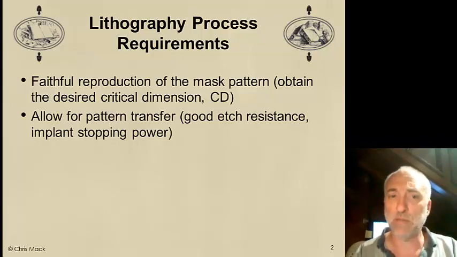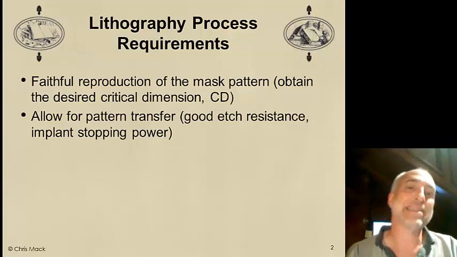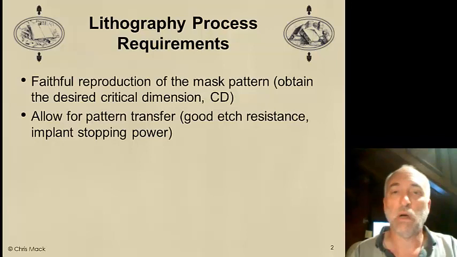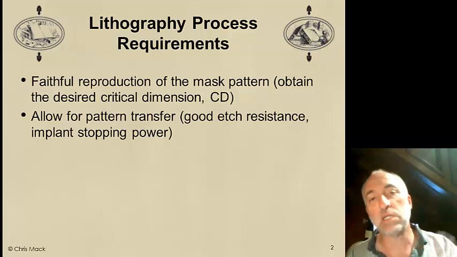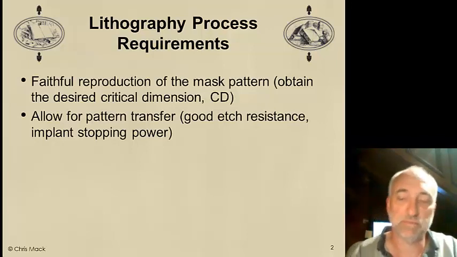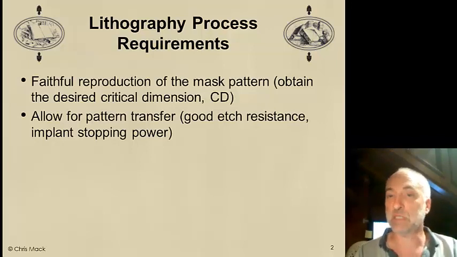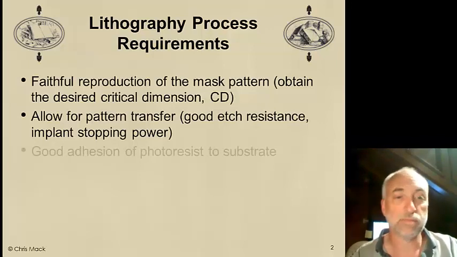But we also want a resist that can stop ions when we use that photoresist as a mask for the ion implantation process. We call that the stopping power. How thick do we need the resist to be in order to stop the implant from going through the resist and into the substrate? This is a part of the pattern transfer characteristics of the photoresist that we require.